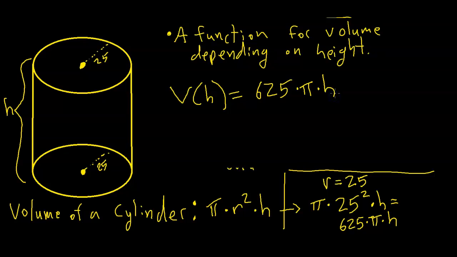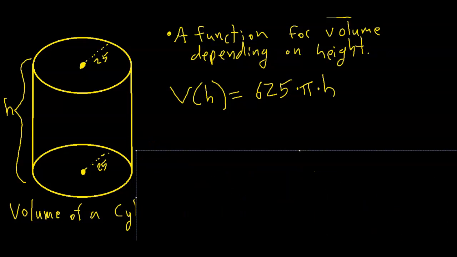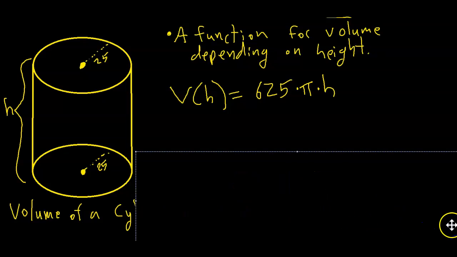All right, so let me try to create some space here. Let's create some space over here, and let's attempt to evaluate this function for different inputs, okay? What if someone wanted a soup can with a height of, I don't know, 50 centimeters, all right?